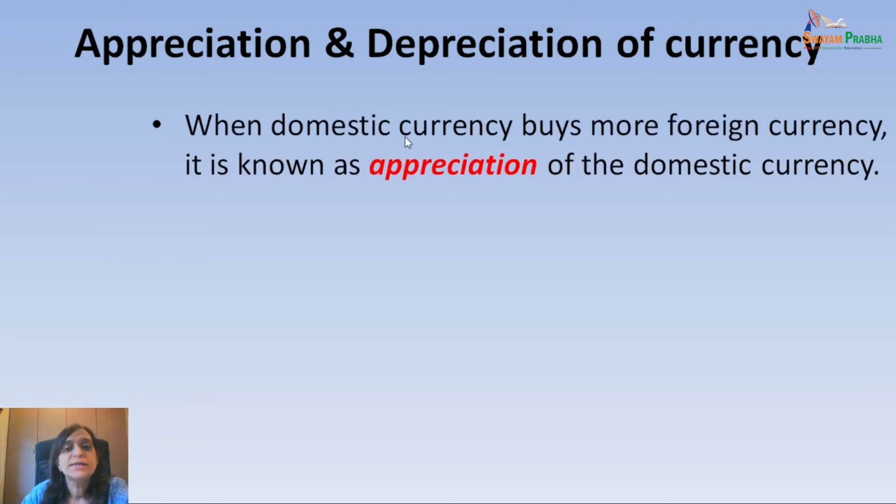When domestic currency buys more foreign currency than before, it is known as appreciation of the domestic currency. That is, if your domestic currency has the ability to buy greater foreign currency, then we call it appreciation.